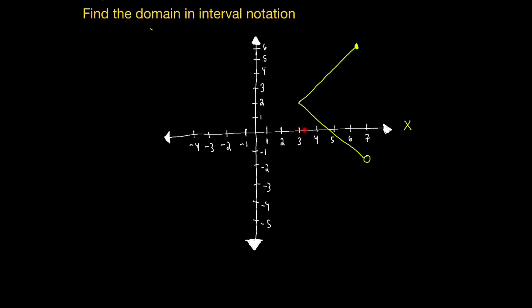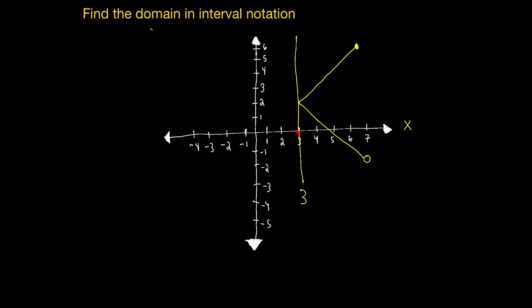At what value do I encounter my graph? And you see that I encounter the graph here at a +3. Since this graph is continuous at 3, we're going to assume that this is a closed dot, so we're going to use a solid line. So here the lower bound is positive 3.